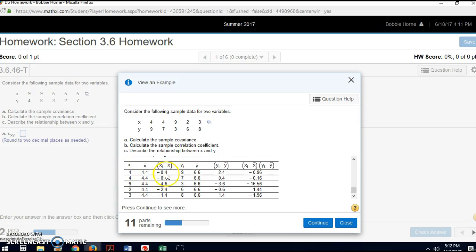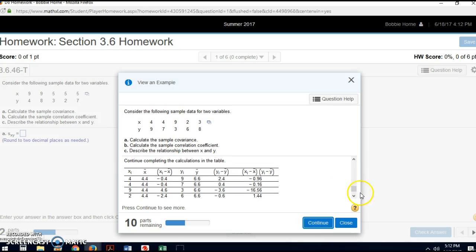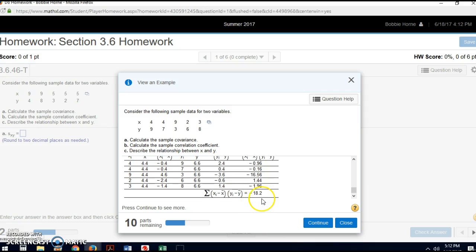They've taken the difference. Here are those numbers. Then they did each y value minus the mean of the y numbers. They found the difference, and then they multiply these together. Once you multiply those together, you sum them up. So you're going to add all those up.